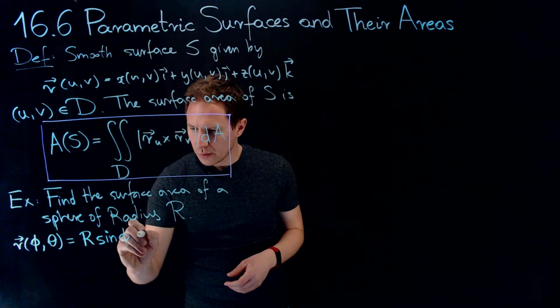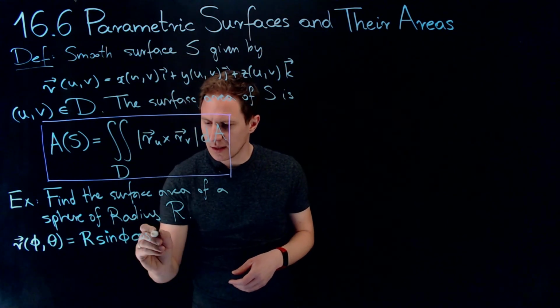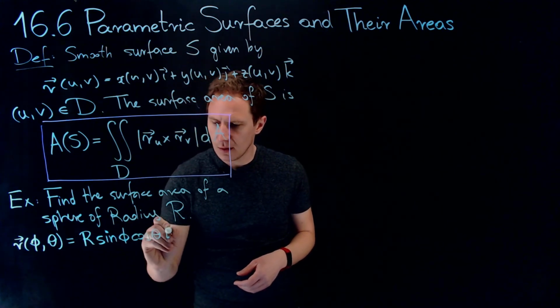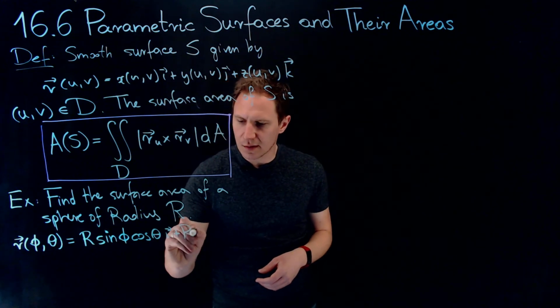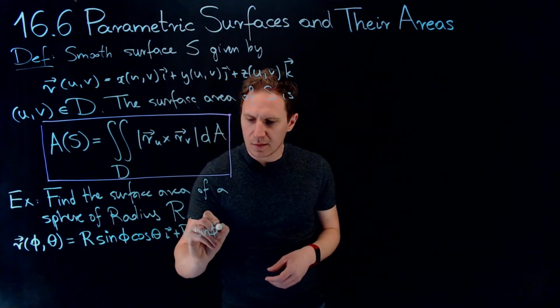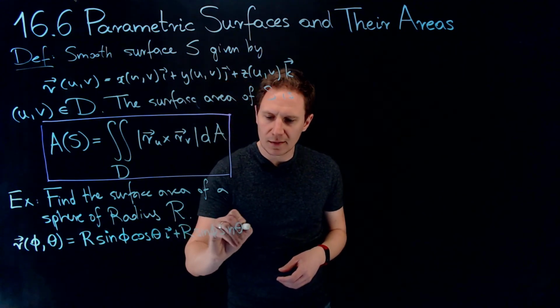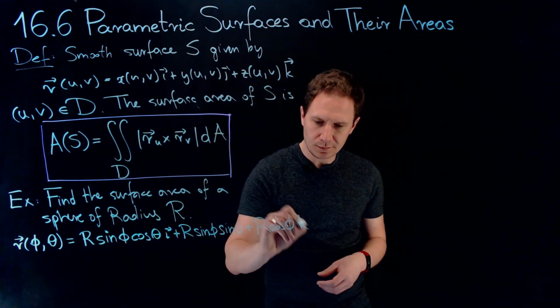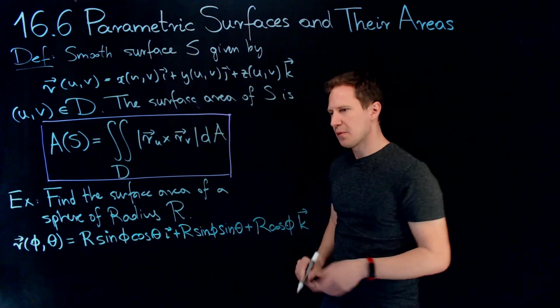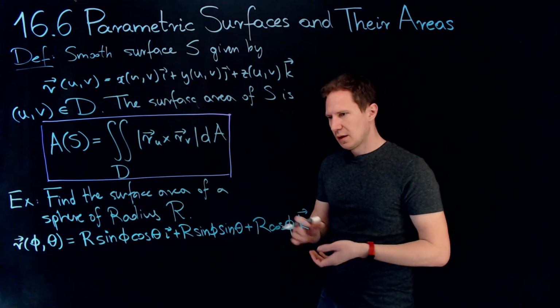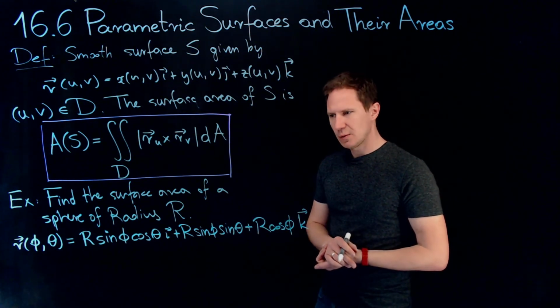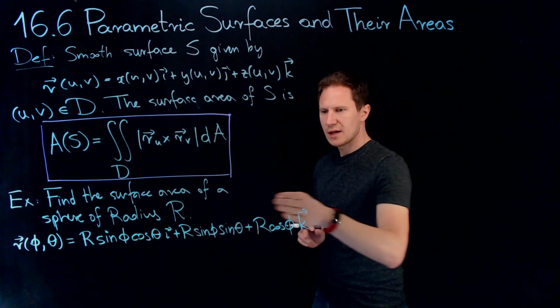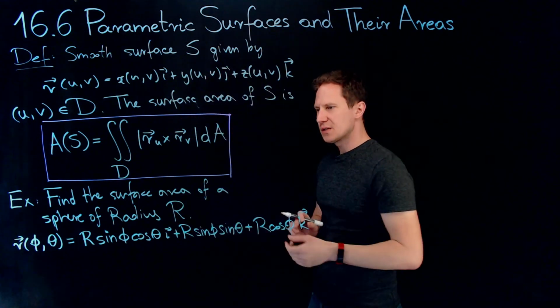So the x component is R times the sine of phi cosine of theta. The y component is R times the sine of phi sine of theta, and the z component is R times the cosine of phi. This you may remember from the formulas in spherical coordinates. So these are our x, y, and z components for this vector function.